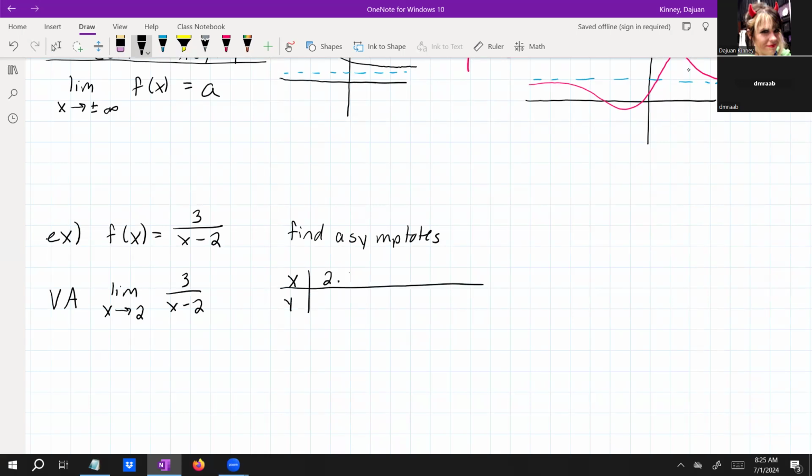I did not get my calculator out. So 2.01, 2.001, 1.999, 1.99. Let me grab my calculator, so sorry. I forget I need this sometimes.